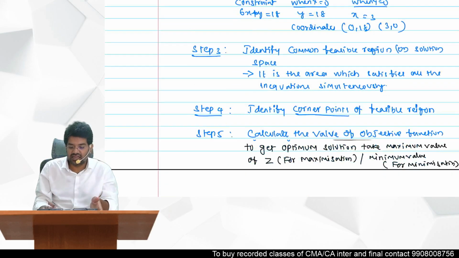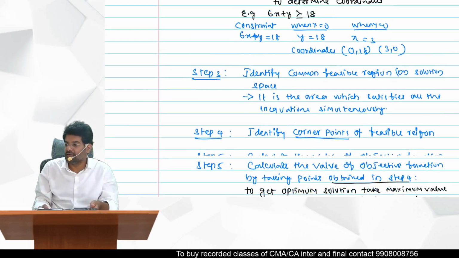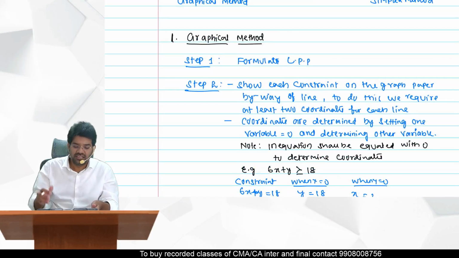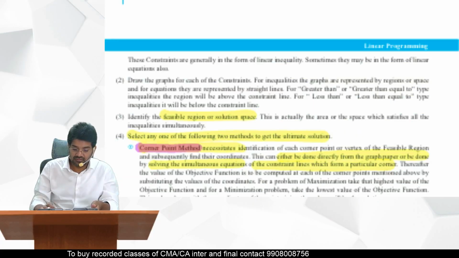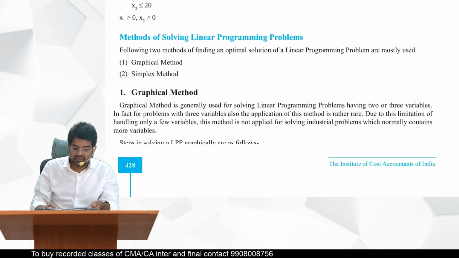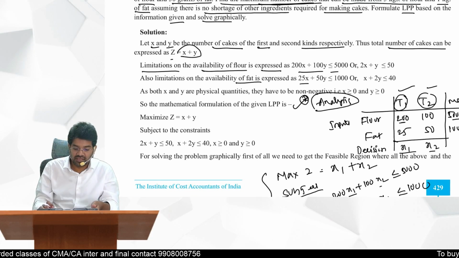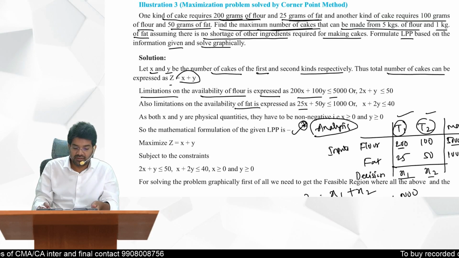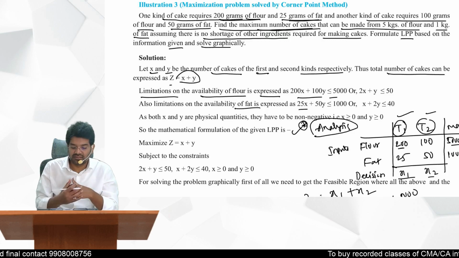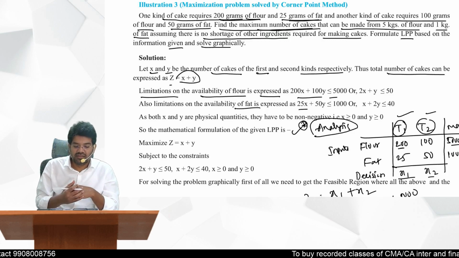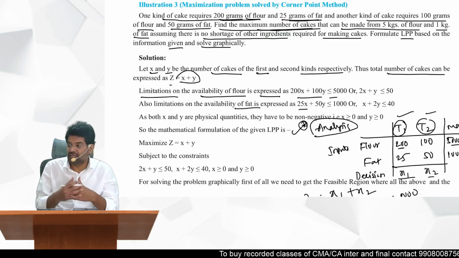Let's understand this with the help of an example. Let's take your CMA material question. Let us take one question here. We have already done the formulation for this in our first part.